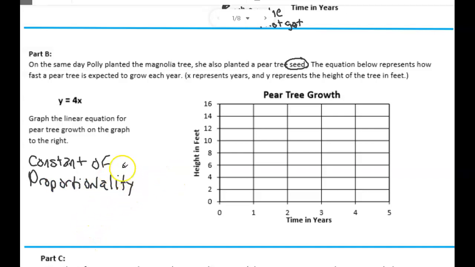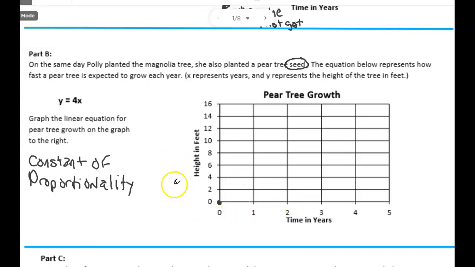Okay. This is not your slope-intercept form because it doesn't have like a plus 7 or something like that. Just your constant of proportionality. All right. So everybody know the rule with that one. When you're doing constant of proportionality, you're always going to start at 0, 0.